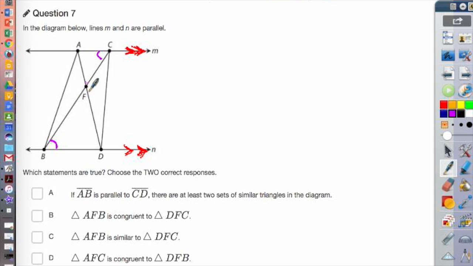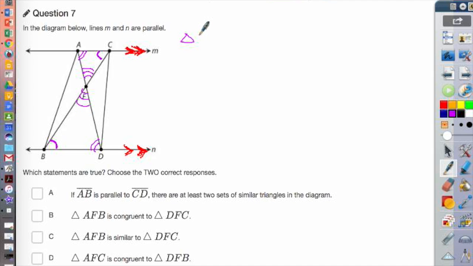Likewise, we have this line crossing parallel lines, so this angle here is going to be congruent. And then we have a vertical angle. We know that's congruent. So we have a triangle that has the same 3 angles as this triangle, but are they the same size? And the answer is no.